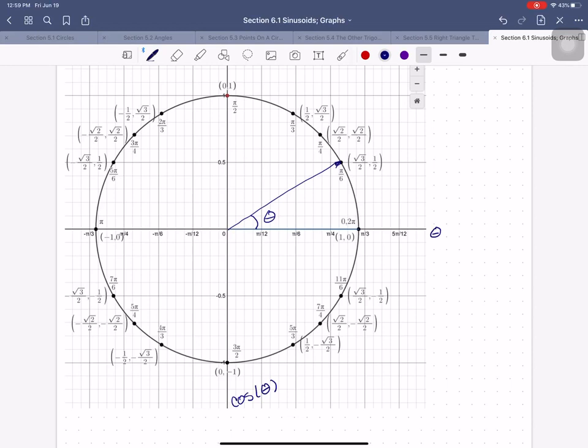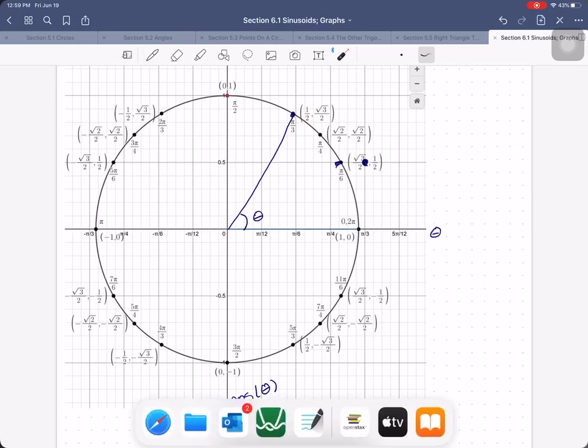So when I get to pi over 6, I'm going to plot the point pi over 6, cosine. Let's do pi over 3. When I get to pi over 3, I'm going to plot the point pi over 3, 1/2, because if my angle is pi over 3, the cosine of pi over 3 is 1/2.